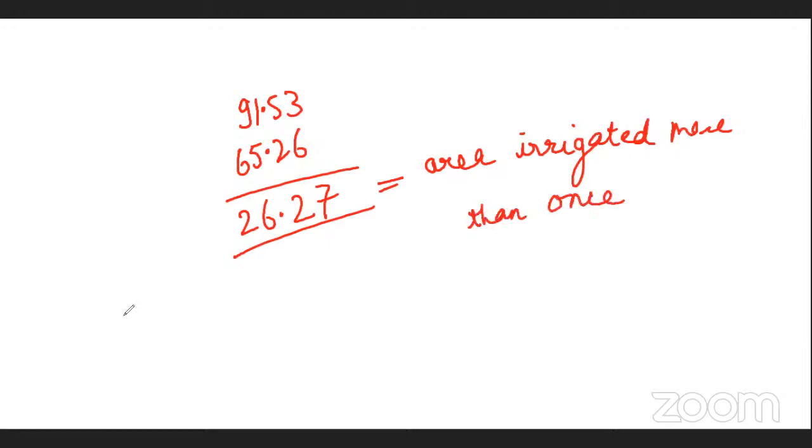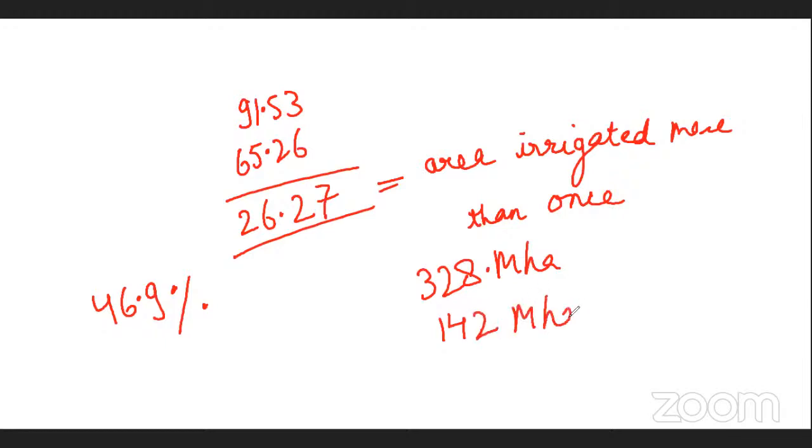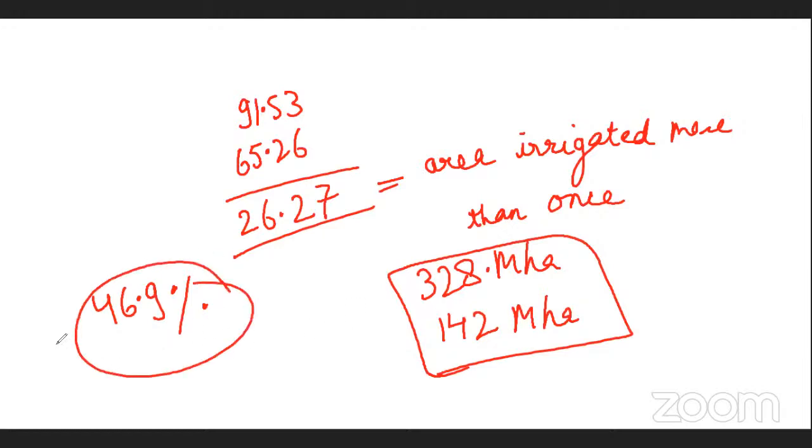once. And if we talk about how much percent of geographical India is taken in the total cropped area, then in percentage it is 46.9%. As you all know, our geographical area is around 328 million hectare. But how much are we sowing? We are sowing only 142 million hectare. So if we calculate this, it will be around 46.9%.